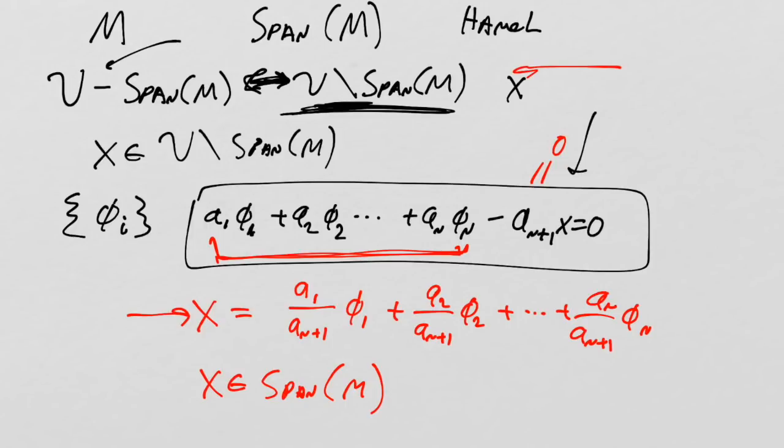So there's only two conditions here for this equation to be 0. a n plus 1 equals 0, in which case x is linearly independent of these vectors, which is a contradiction of how M was constructed.